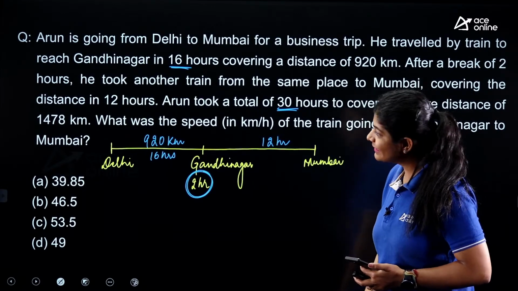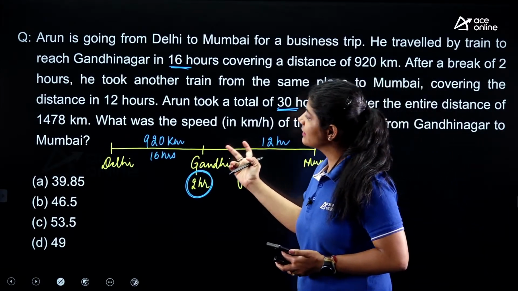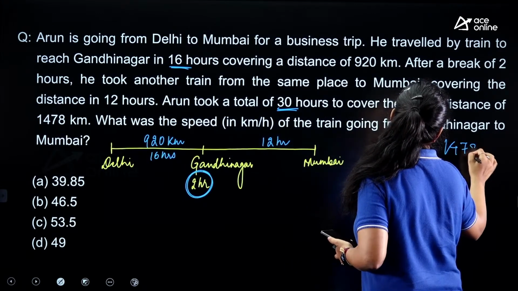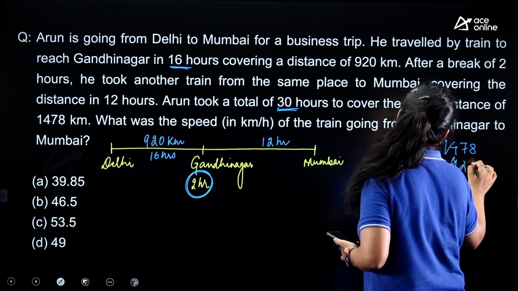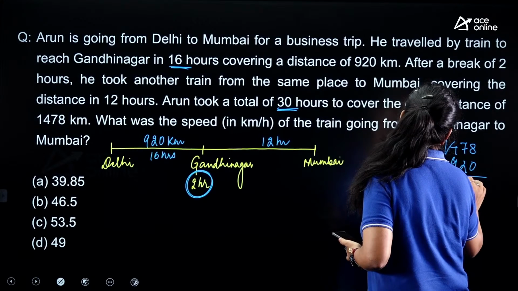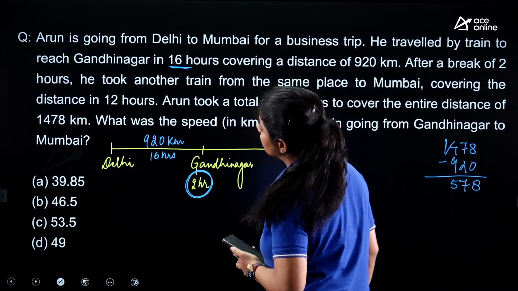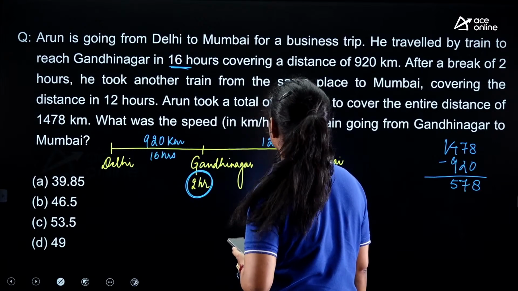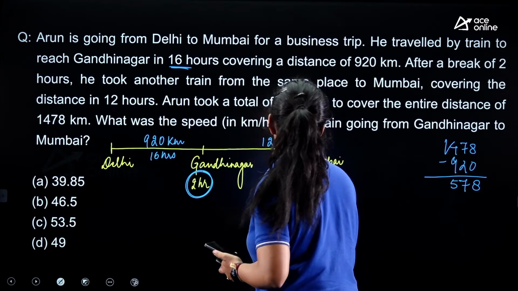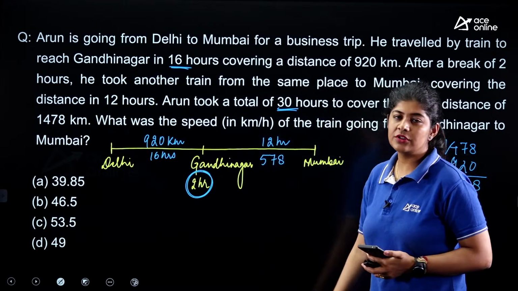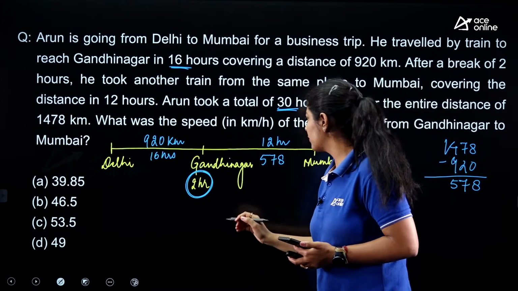So we need to figure out the remaining distance, which is 1478 minus 920. The distance we got is 578. Arun needs to cover this distance in 12 hours.